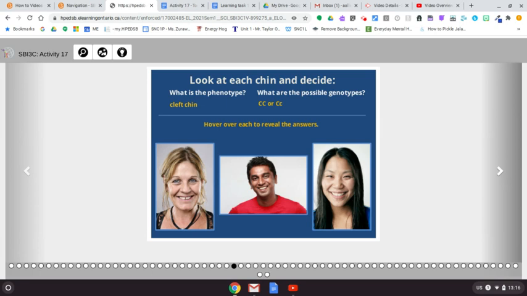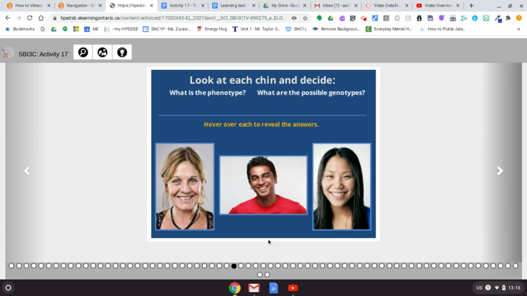So there can be two different genotypes. Phenotype, I see her cleft chin, so that's the phenotype. Genotype, she either has two of the dominant traits or she has one, because she can't have two recessive or you wouldn't see the cleft chin.